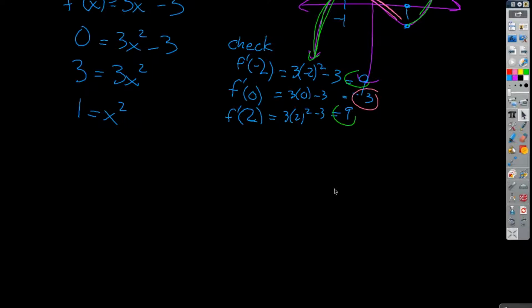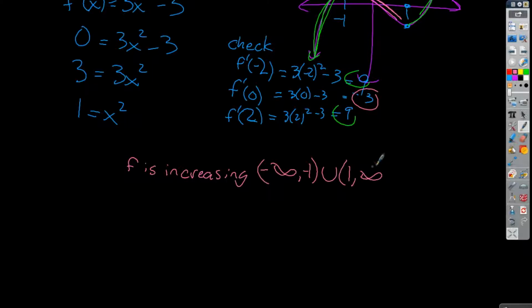So to answer the question, f is increasing from negative infinity to negative 1 and from 1 to infinity. And it's decreasing from negative 1 to 1, and that's the answer to that question.